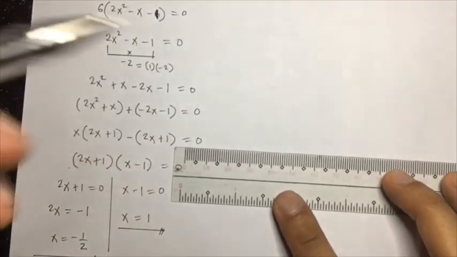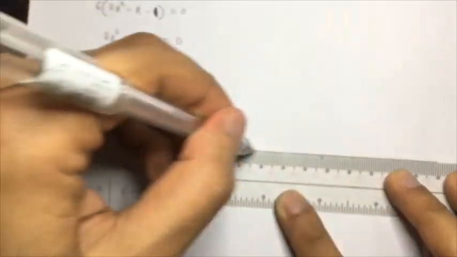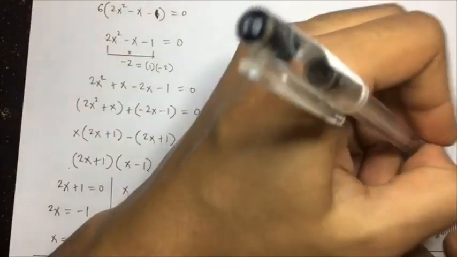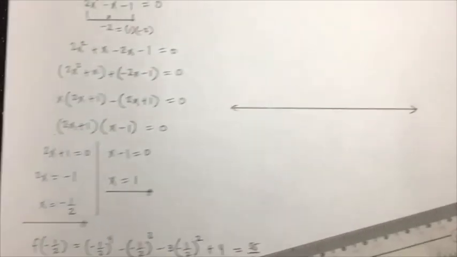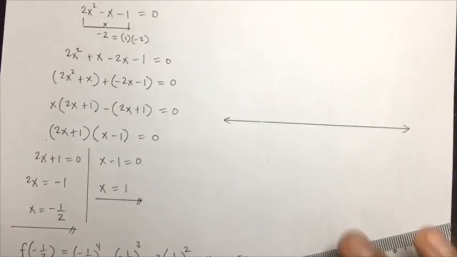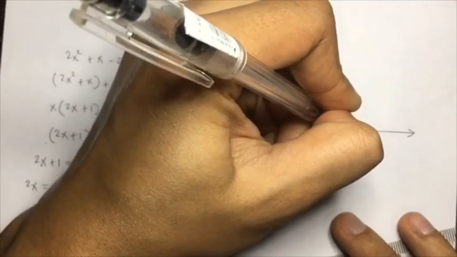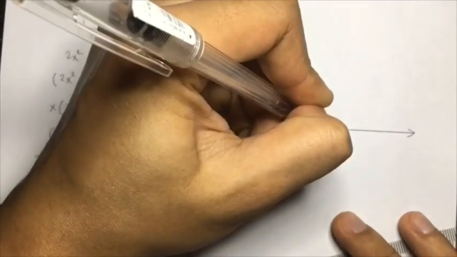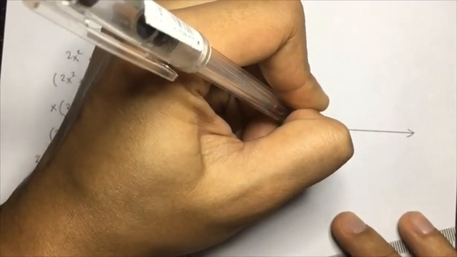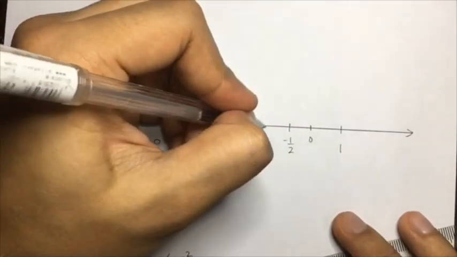Similar with what we did earlier, the inflection points will divide the intervals. Okay, so say for example we have here our negative 1/2, then we have here our 1, and then let's say we have here our 0, and so on.